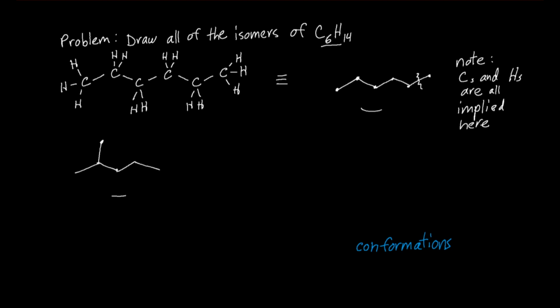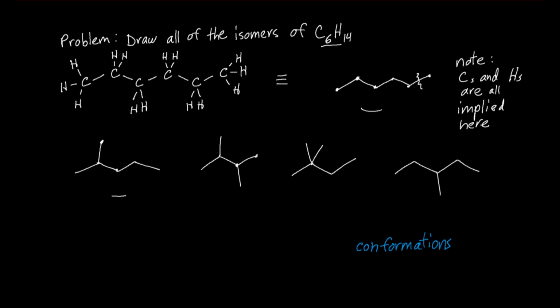Another isomer of this has only a 4-carbon chain, for example. 1, 2, 3, 4, with carbons sticking out like that. That's clearly a very different looking molecule. Another isomer of this looks like this, and another isomer of this looks like this. So the way to really get good at this is to do these as practice problems.